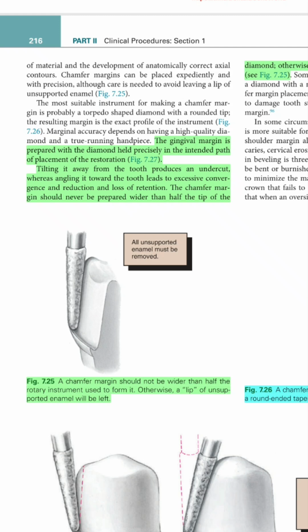This causes a reverse taper of the preparation and makes the fitting of the restoration more difficult. Also, tilting the burr toward the tooth leads to excessive convergence and loss of retention.